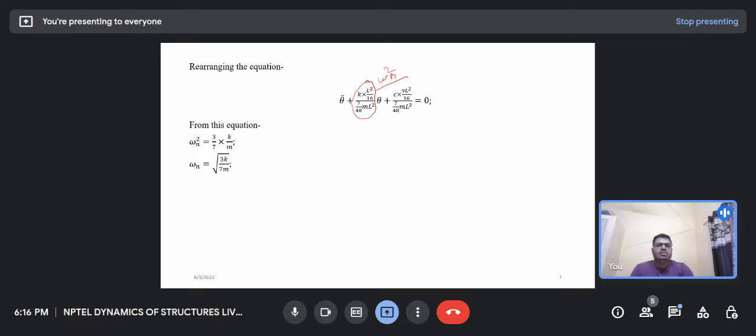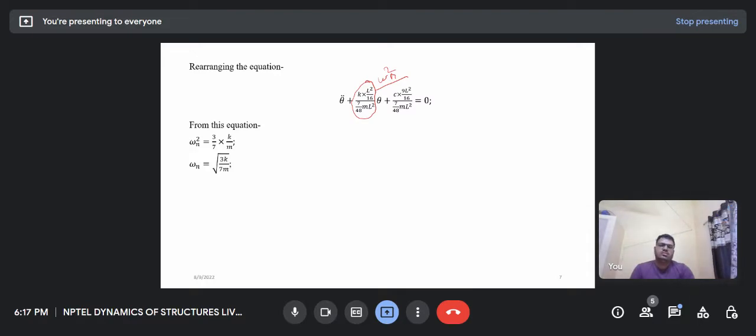Does anyone have any doubt at any point in this question or in the previous questions? In this type of question, we have to make the equation in this format, and the coefficient of stiffness will be omega square.